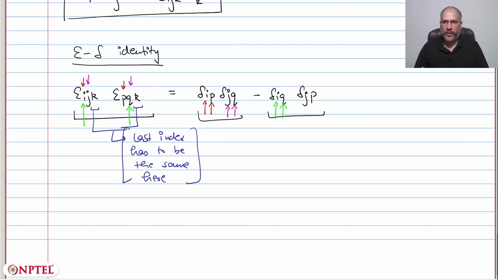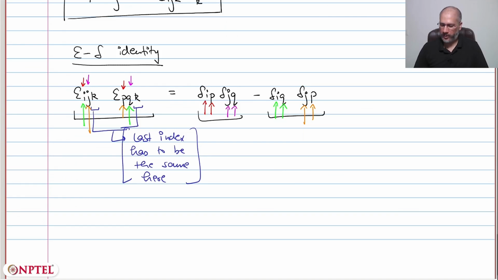So i is the first index of the first epsilon and q is the second index of the second epsilon, and then we have jp, so that is second first. Okay. So delta first times delta second minus delta first second times delta second first.